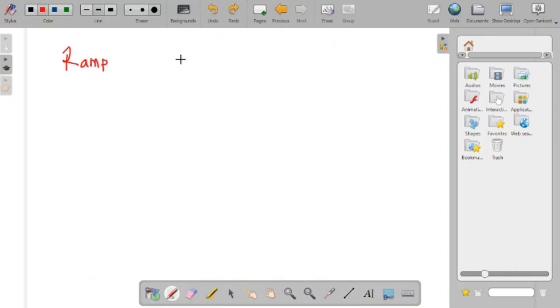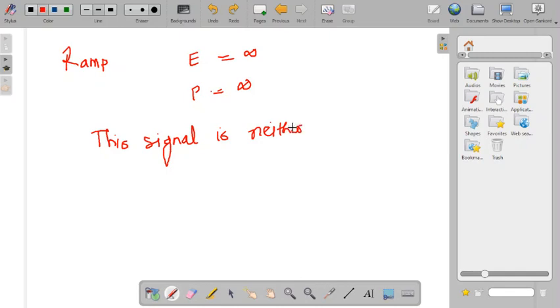For the ramp, energy is infinite and power is also infinite, which indicates that this signal is neither energy nor power.